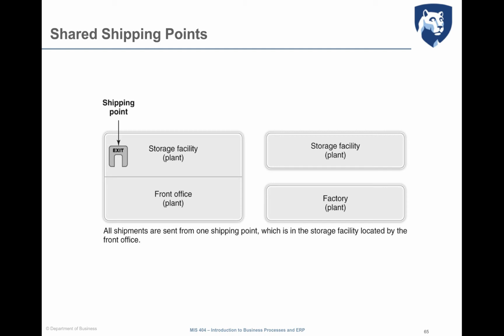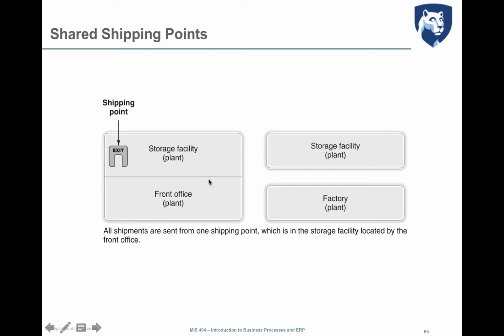In this case, as you can see, we have multiple plants accessing one shipping point. In particular, we have two storage facilities and one factory, and the only plant that has a shipping point is a storage facility located in the front office.